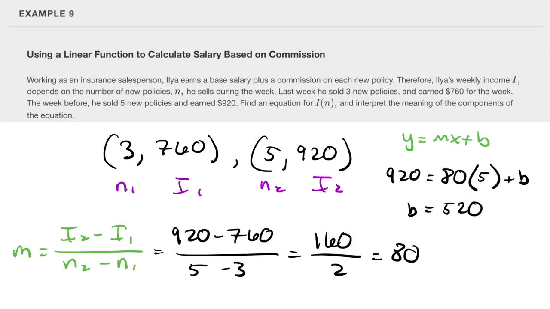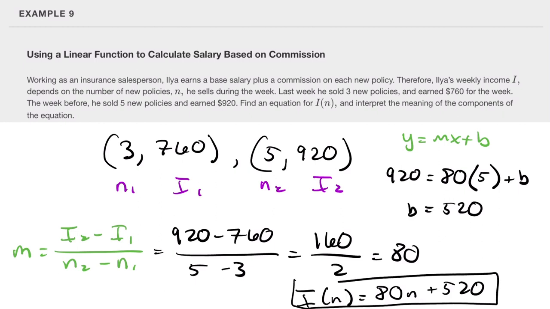But it sounds like if he doesn't sell any policies, he'll earn 520. Okay, so let's put all this together. His income based on policies sold: his slope is going to be 80 times each policy plus 520. We need to make sure that this works.